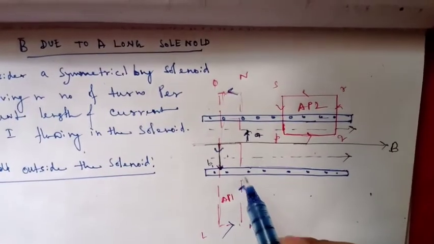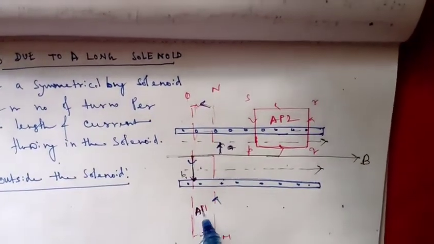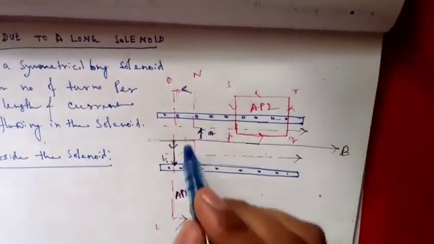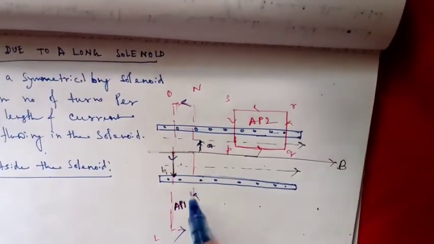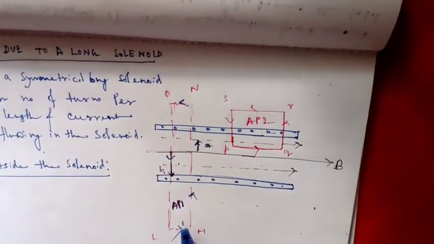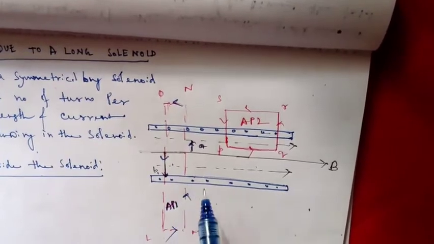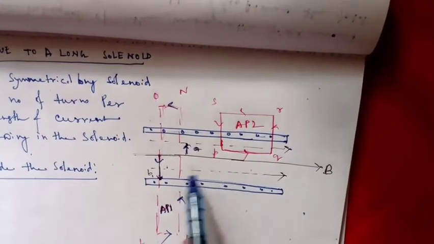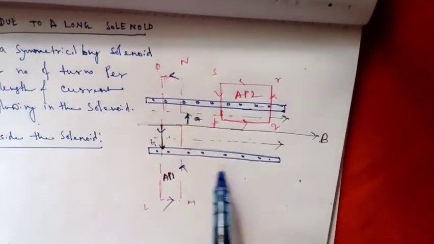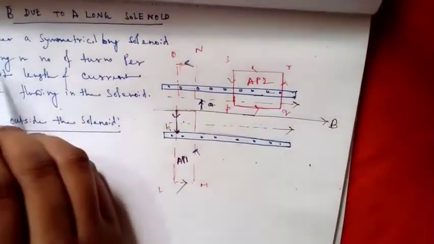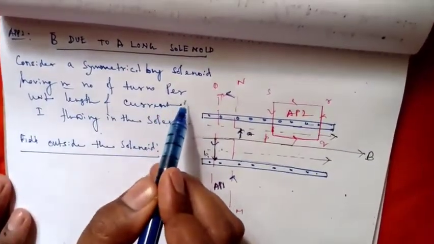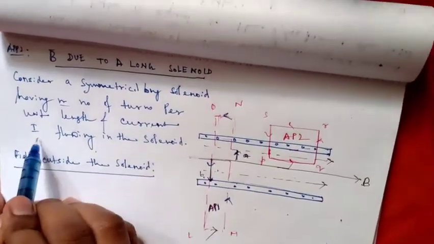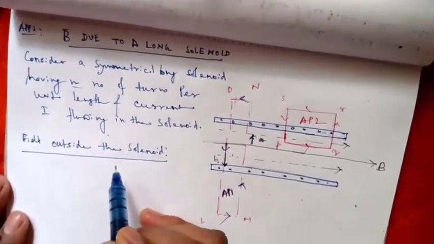For the outside case, we choose this Amperian path AP1, L, M, N, O. Also consider this is a symmetrical solenoid having n number of turns per unit length and current I flowing in the solenoid. Clear?